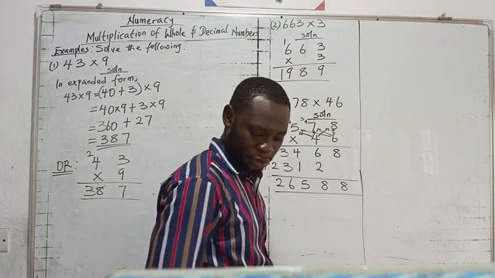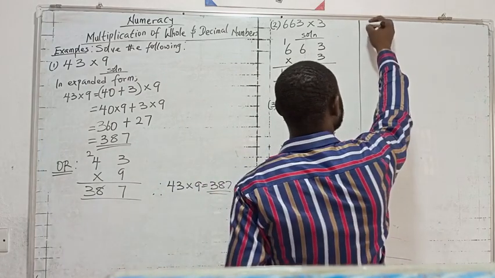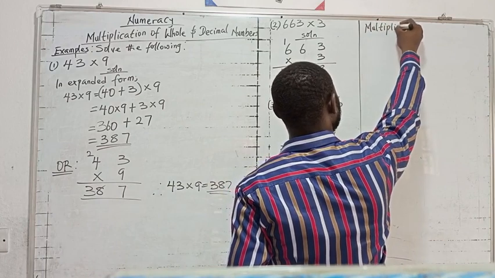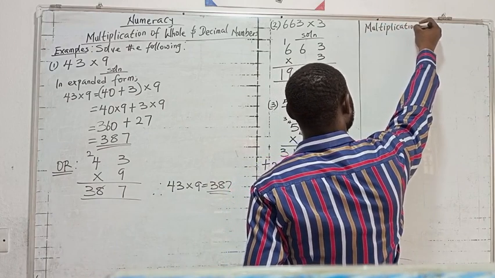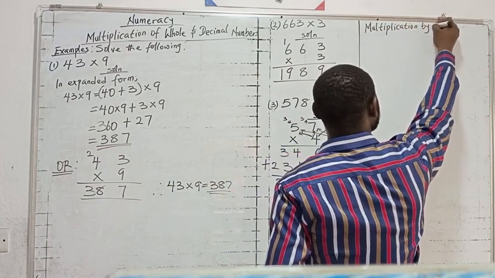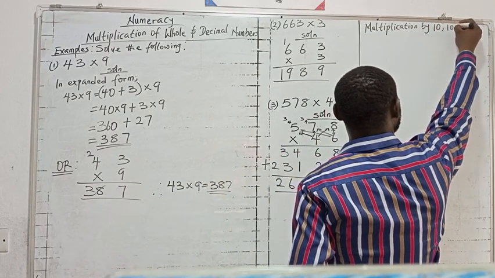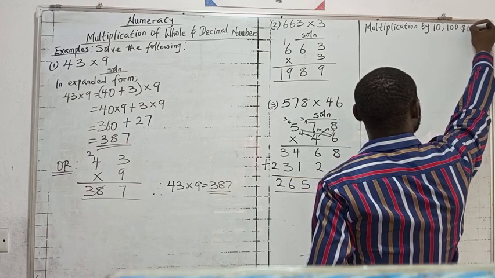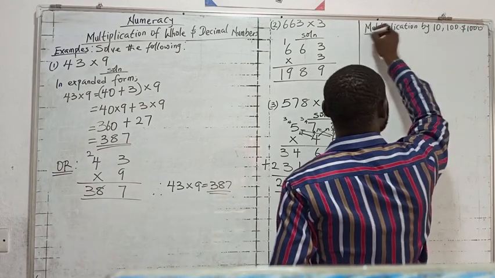Now a quick one. Let's look at when we want to multiply a number by 10, 100, and 1,000.